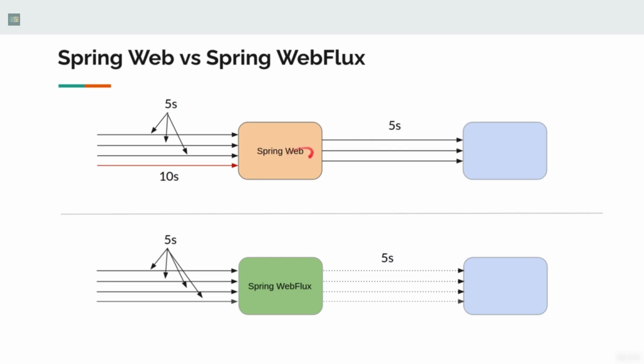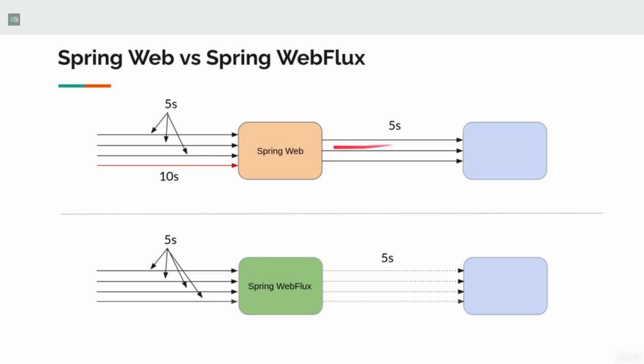For 5 seconds it will be blocked. The 4th user has to wait because there are no threads to accept the request. So he has to wait for one of the threads to be free to process the request.